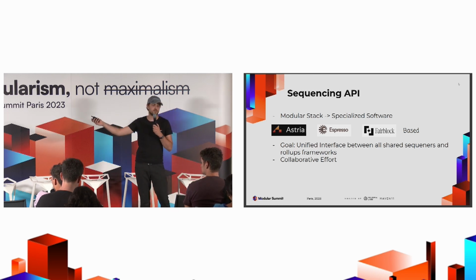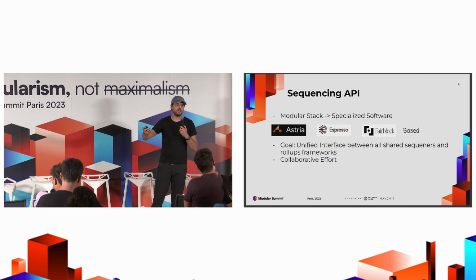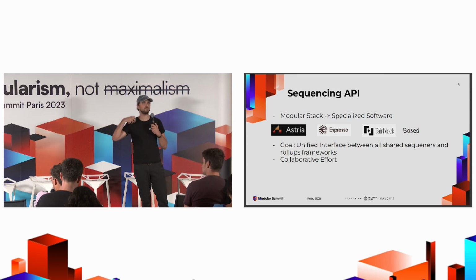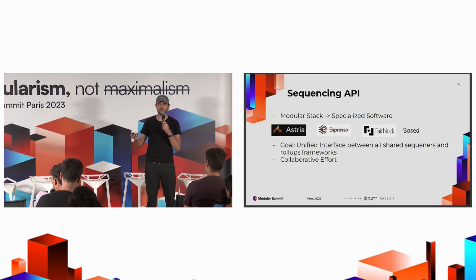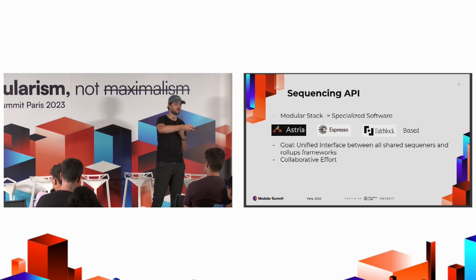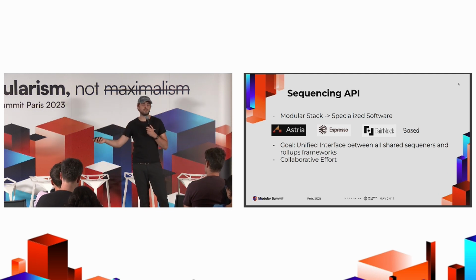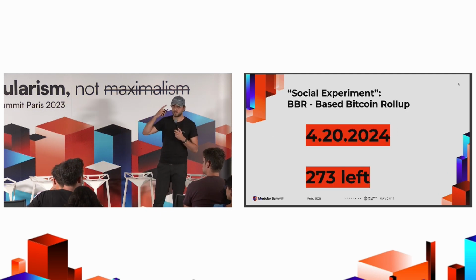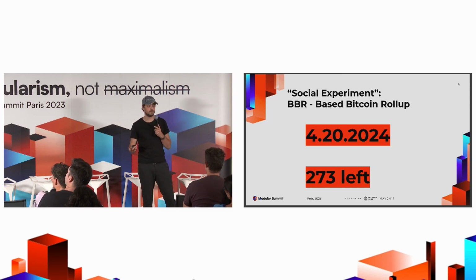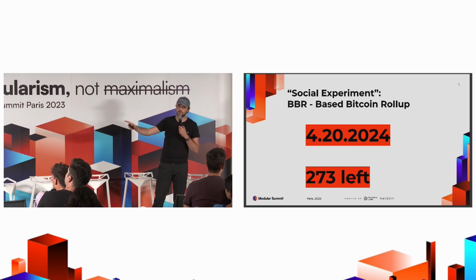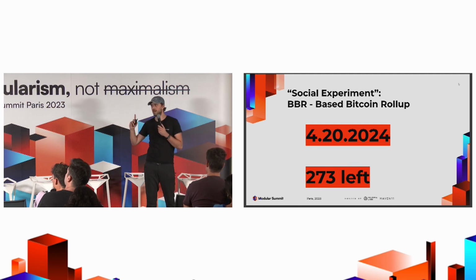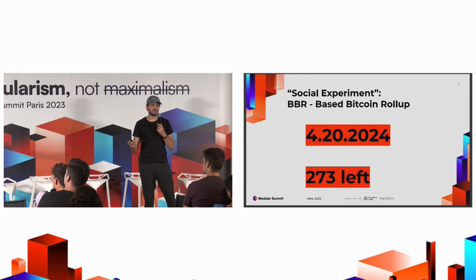And of course, there's also based, right? I mean, we can use the data availability layer as a shared sequencer. Now, if we think further, okay, we have the Bitcoin implementation. Now we have based. I mean, the logical conclusion is to make a social experiment. On the 20th of April, there will be a based Bitcoin rollup. And what does it mean?